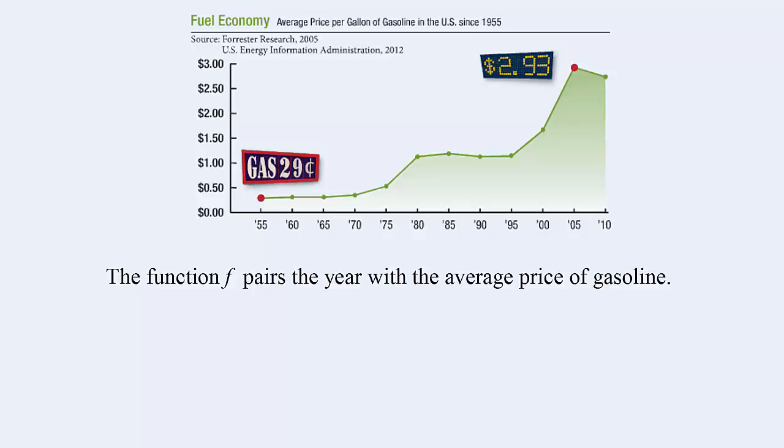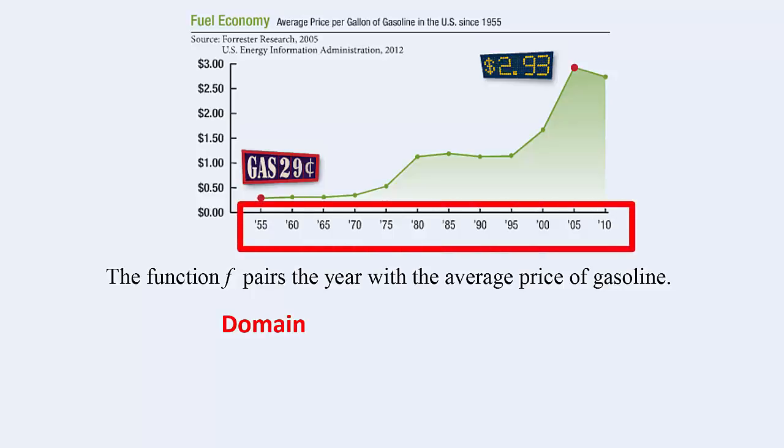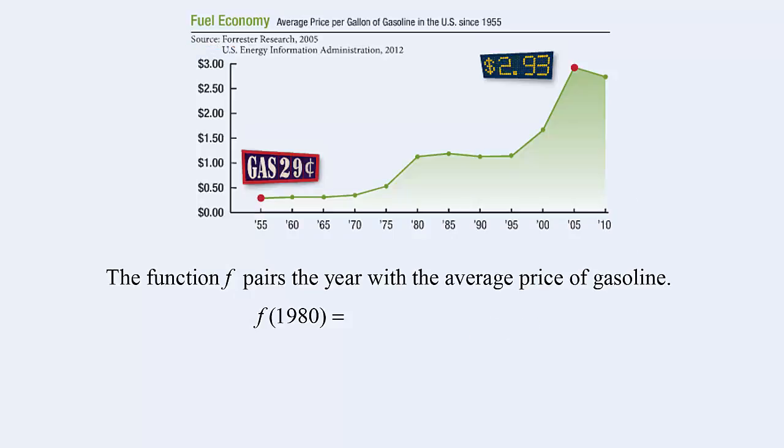Have a look at the picture. This is a function. We don't have a formula for it, but still we need to be able to answer questions concerning it. First off, notice the domain of this function is the numbers along the horizontal axis, kind of like the x's. And the range is the numbers along the vertical axis, kind of like the y's. And so again, this is in the format of a function.